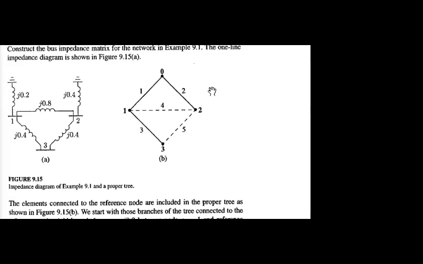So it's better to consider as many elements as possible as branches, until it generates a closed path. Only that is the limitation.